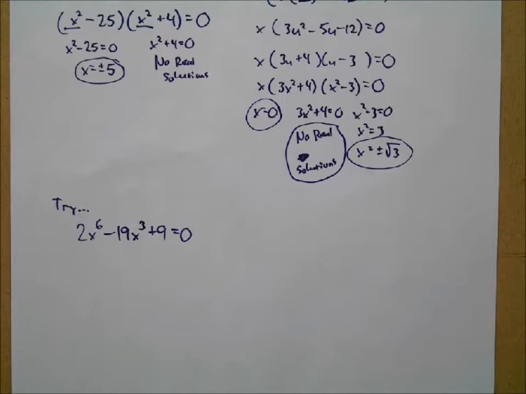So what, when you square it, gives you x to the 6th? Not quite. A power to a power, you want to actually multiply the powers. So x to the 4th would be x to the 8th here.